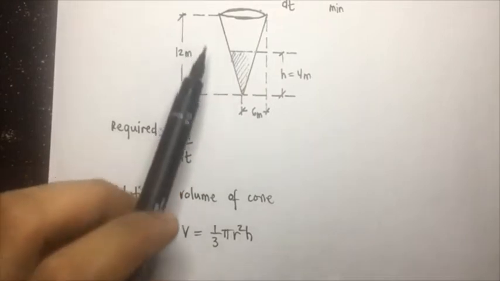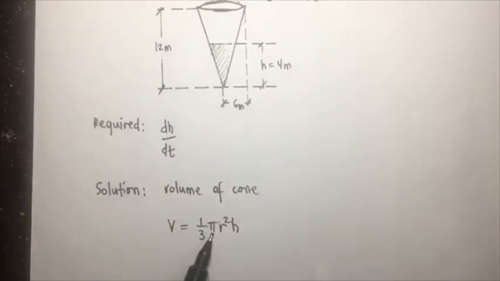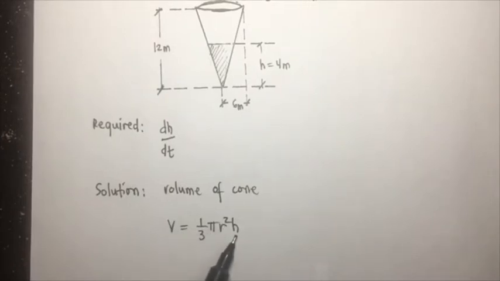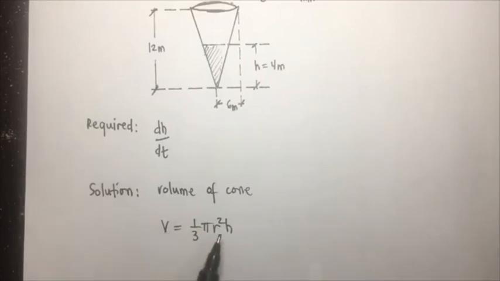But the problem here is that our V is expressed in terms of two variables, r and h.